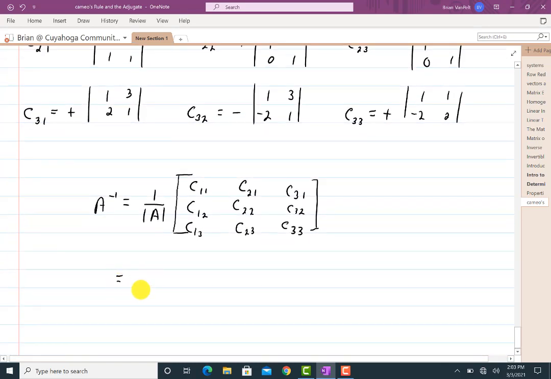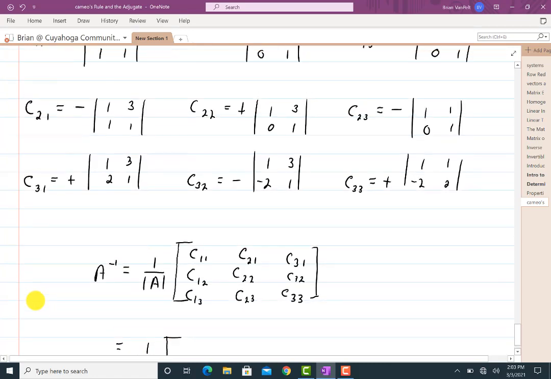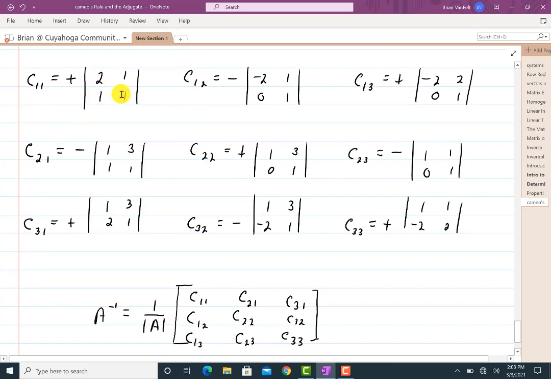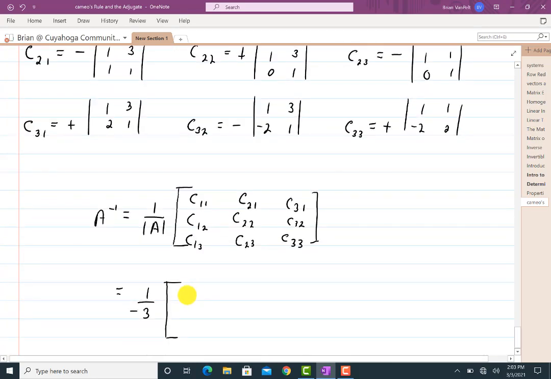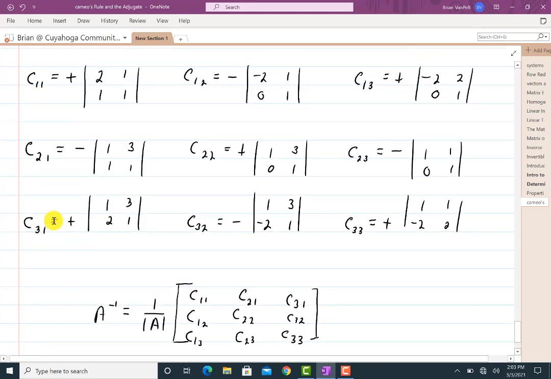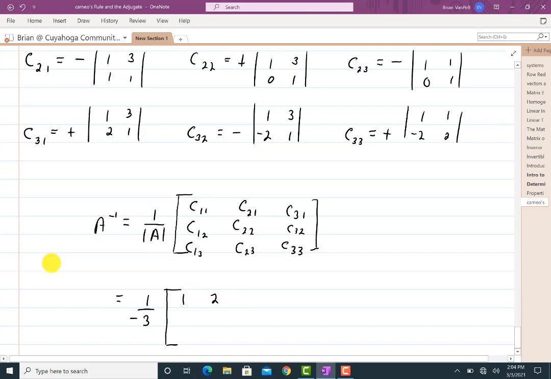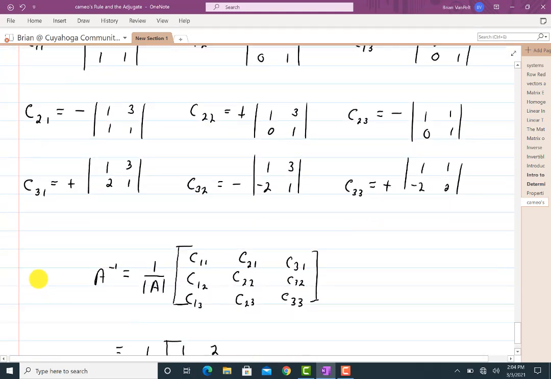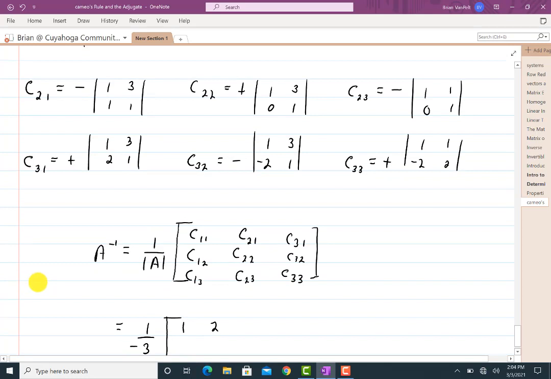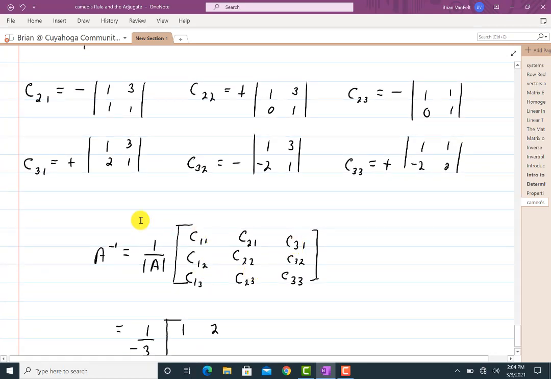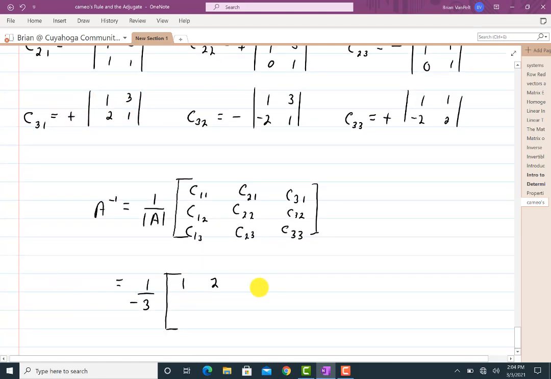We already know what the determinant of A is. All right, let's get our numbers. C1,1, 2 minus 1, that'll be a 1. C2,1, that's over here now. We're going to have 1 minus 3, that's negative 2, but that negative will make it a positive 2. Move on. C3,1, this guy right here. 1 minus 6 is negative 5.